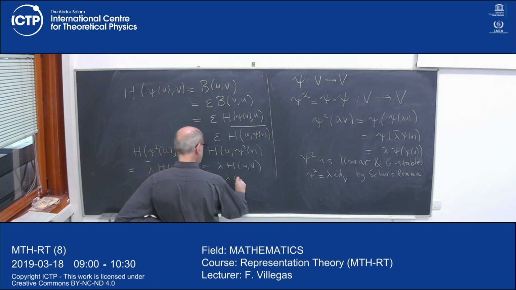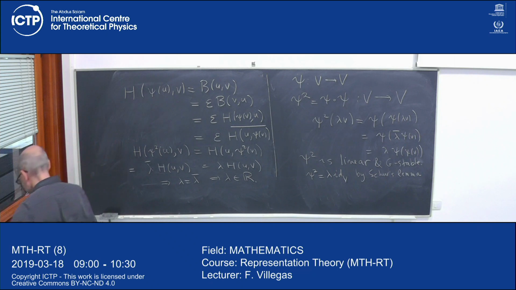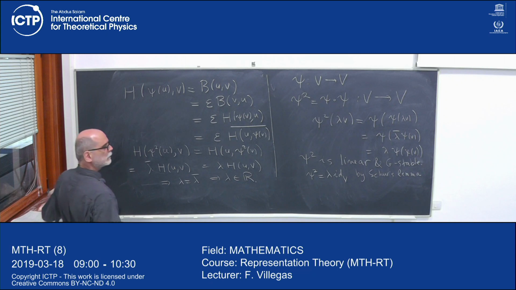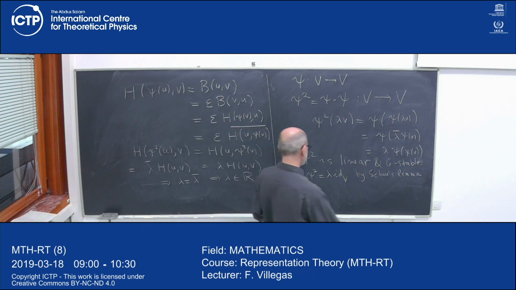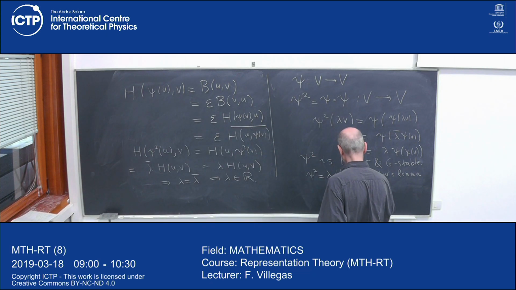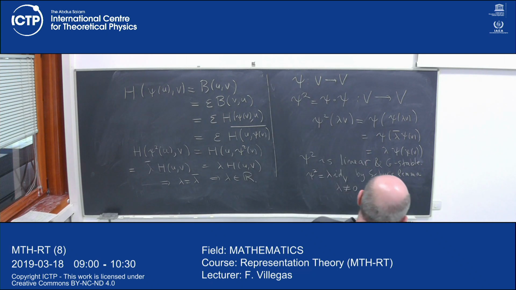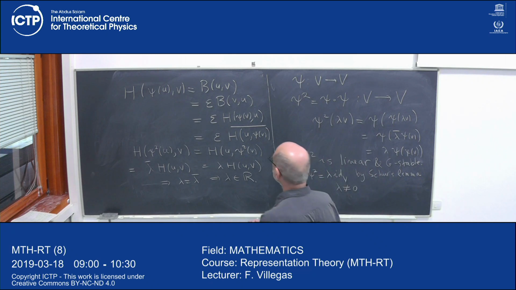In other words, lambda is real. So lambda here, by Schur's lemma, is non-zero because we have psi as an isomorphism, but it's bijective.